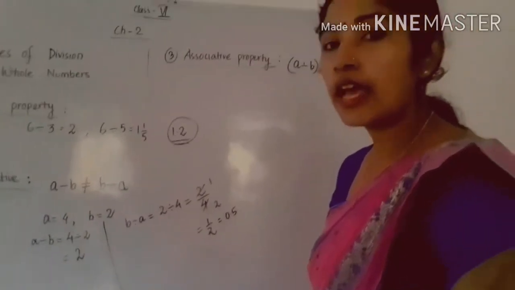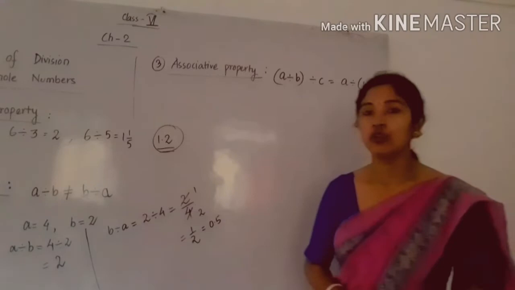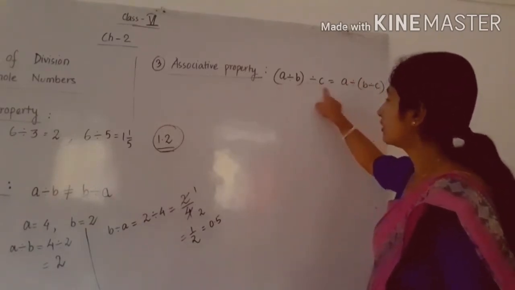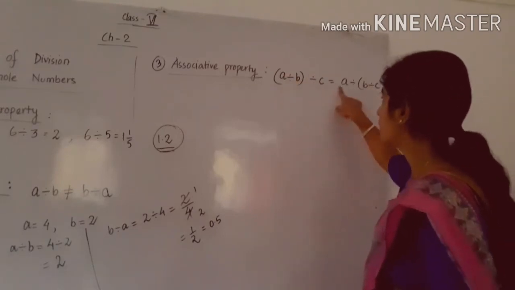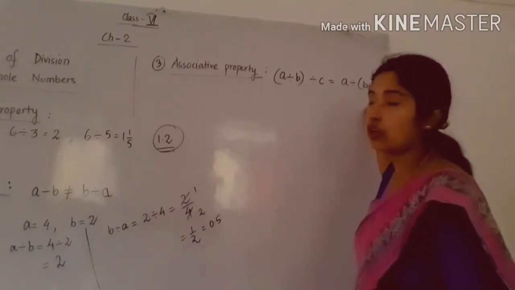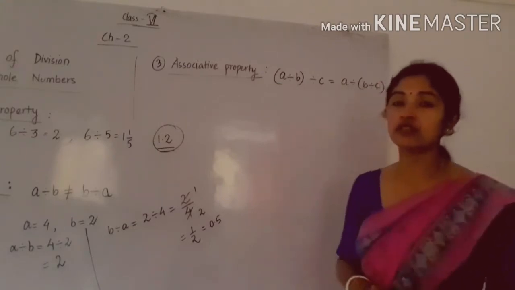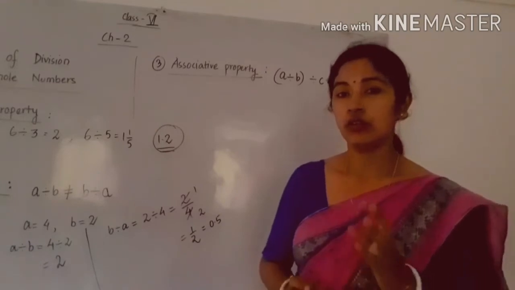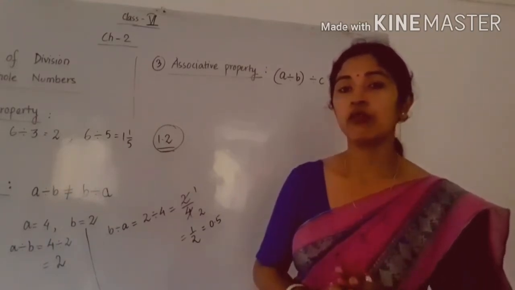Next is associative property. I will not work it out, you just have to check A divided by B divided by C. A divided by B you take in one bracket, then divide by C, equal to A divided by, in bracket again, B divided by C. You have to check whether both values are the same or not. Just take 3 whole numbers and divide. You can see that the left hand side will not be equal to the right hand side.